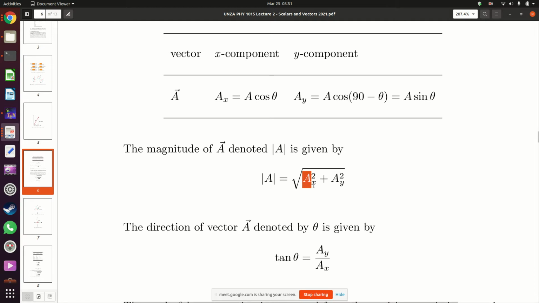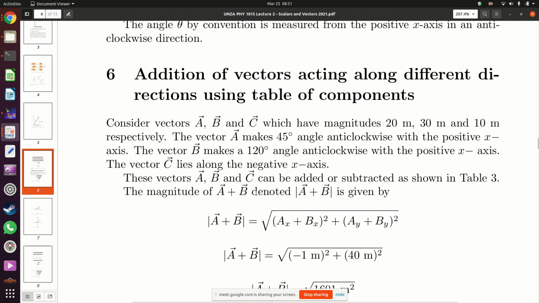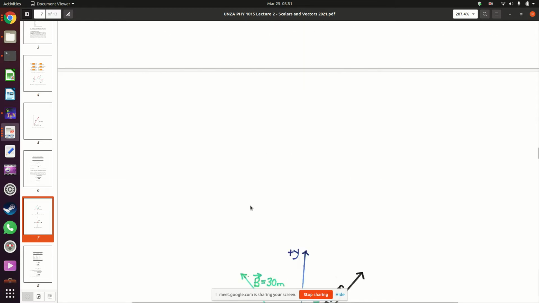So all the x components: ax plus bx plus cx, squared. You see the square there? Then plus ay plus by plus cy, squared. Then the whole thing under the square root. That gives you the magnitude of a plus b plus c. Is that clear? That's how that works.